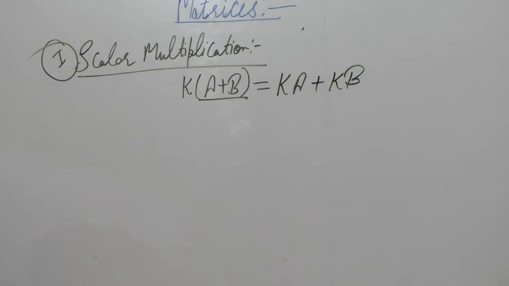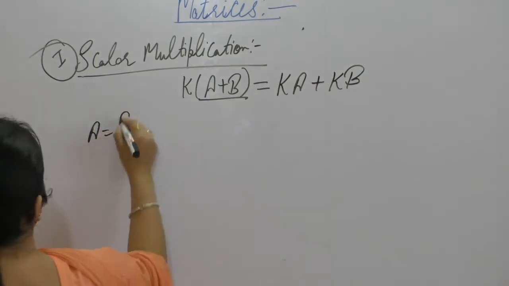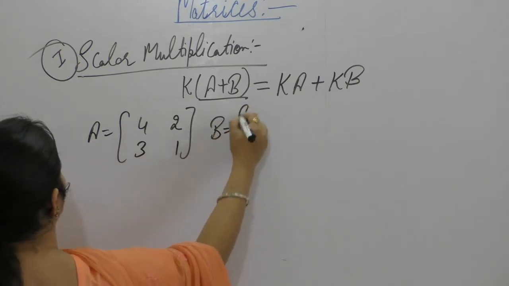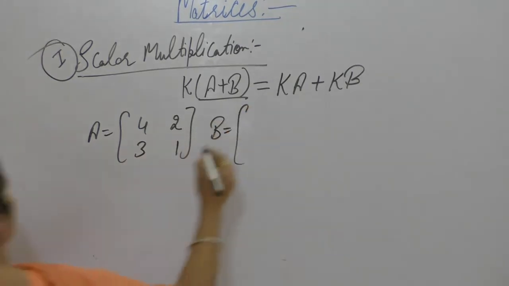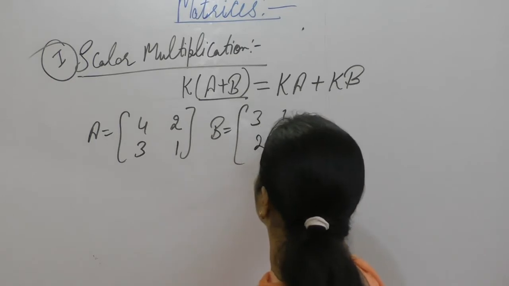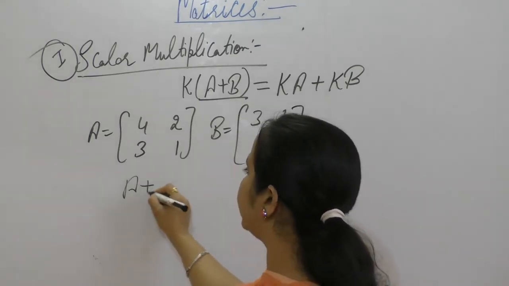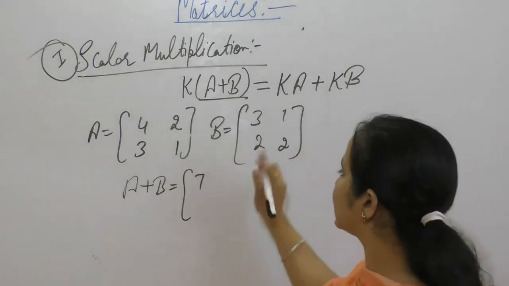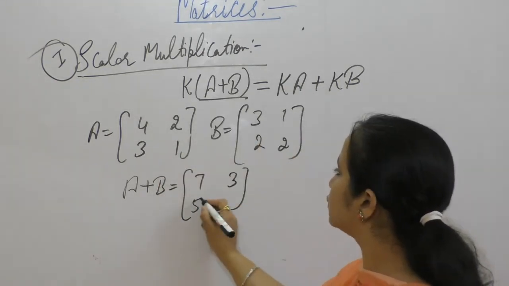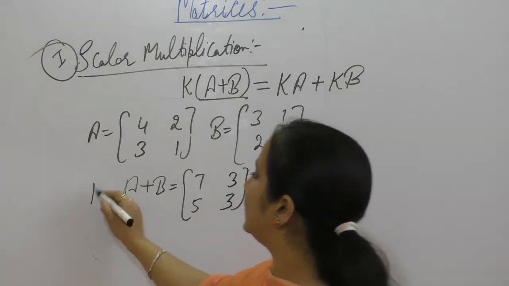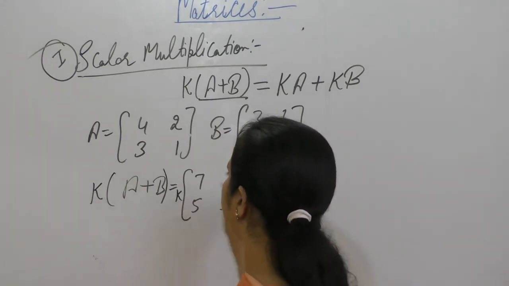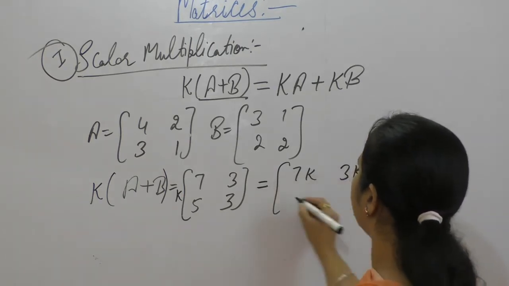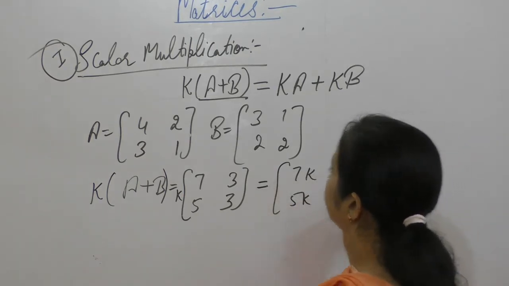Let us take an example. A is [4, 2; 3, 1] and B matrix is [3, 1; 2, 2]. First add A plus B: 4 plus 3 is 7, 2 plus 1, 3 plus 2, 1 plus 2. Now multiply this matrix by K. So what we get? 7K, 3K, 5K and 3K.